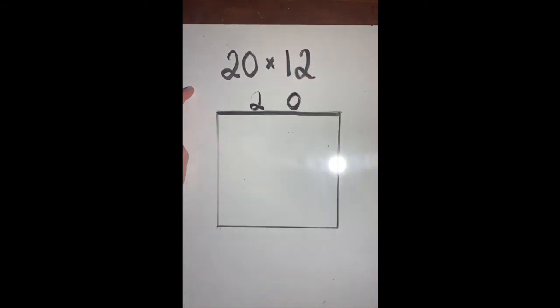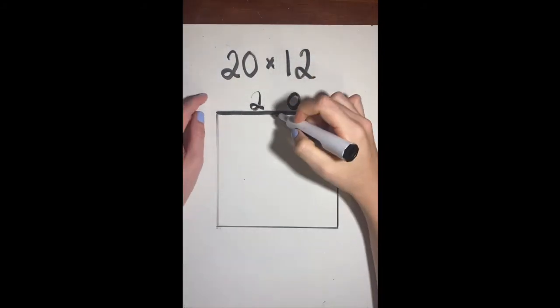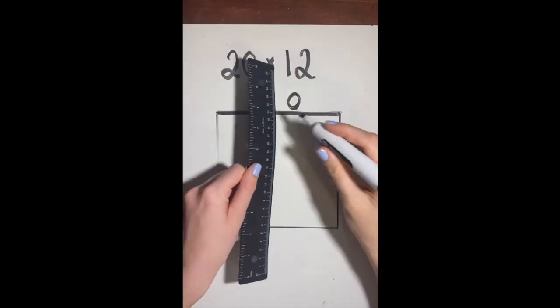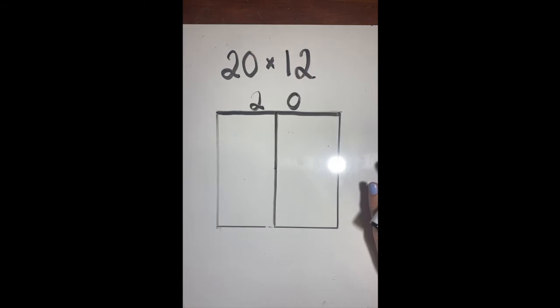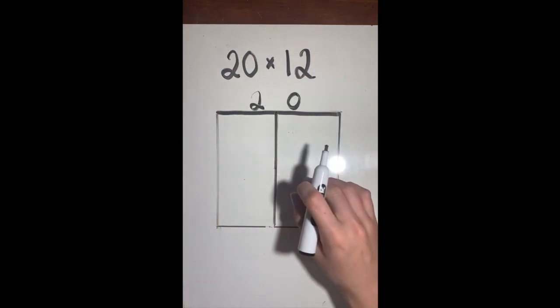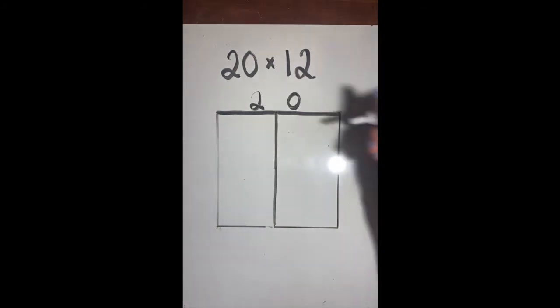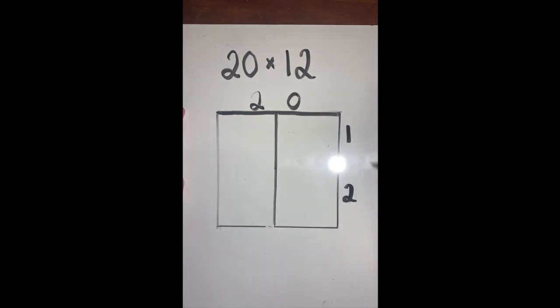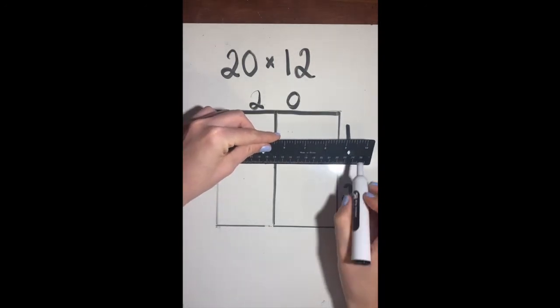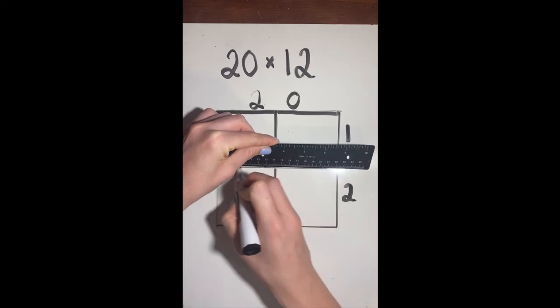Since this is 2 digits, I'm going to break my box in half from top to bottom, into that tens place and the ones place. Now I'm going to take my other factor and write it down the right-hand side of my box, again breaking it into its place values of 10 and 1, and break this in half from right to left.